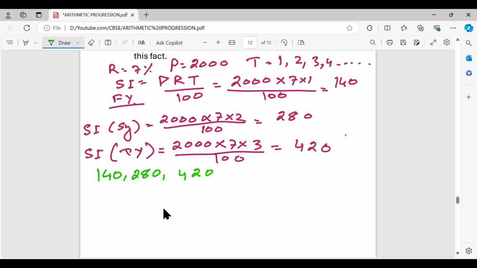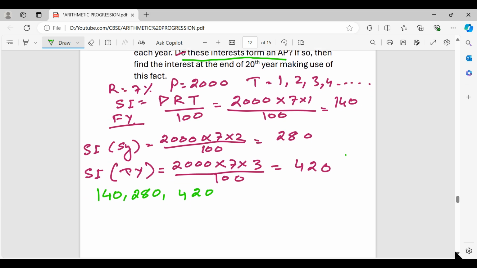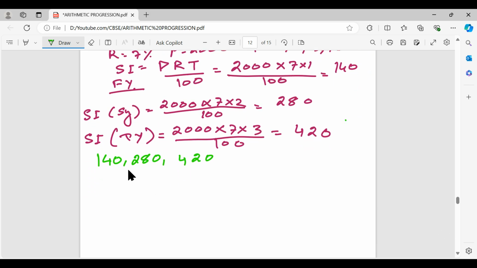Okay. Now your question was to calculate the interest at the end of each year. Then your question is, do these interests form an AP? So we have to show that they form an AP. To show that, we must find the difference.